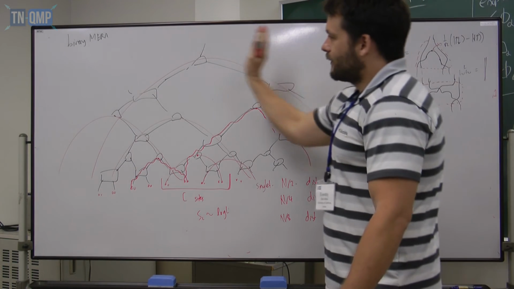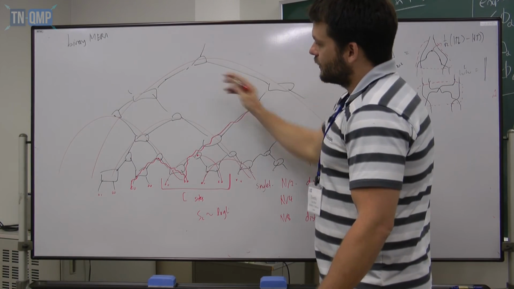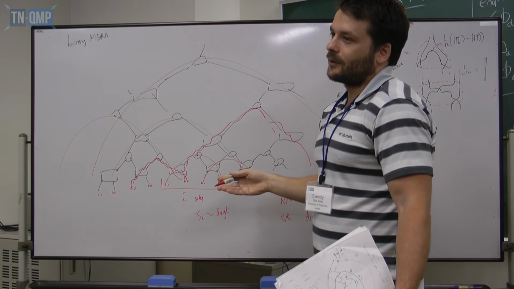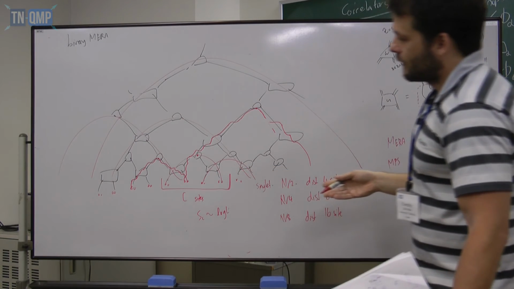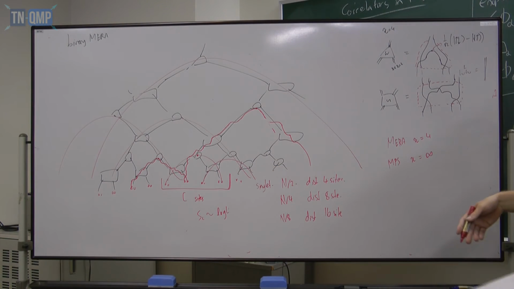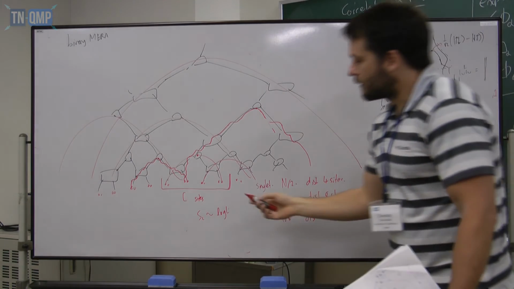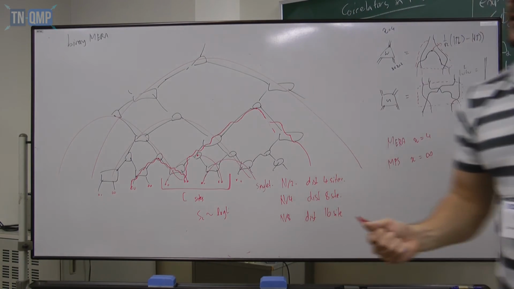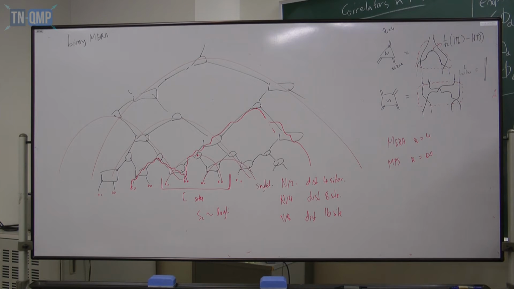Across any left-right partition, you'd have infinitely many singlets across, so you'd need infinite bond dimension. So I think this is a nice illustration of how MERA can represent log L entanglement, why in some cases it's more powerful than matrix product states.